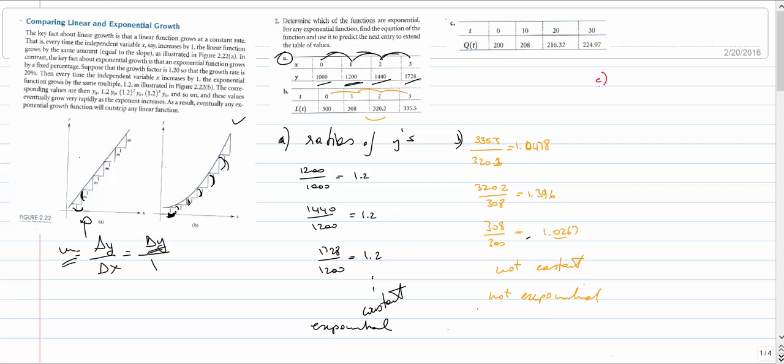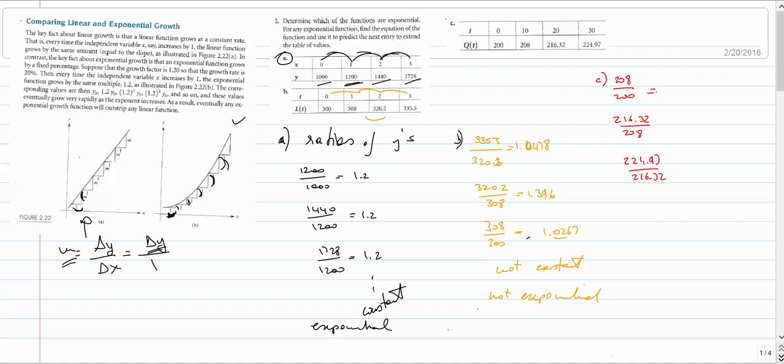Let's look at C. First, I want to look at the ratios. 208 to 200, and 216.32 to 208, and 224.97 to 216.32.